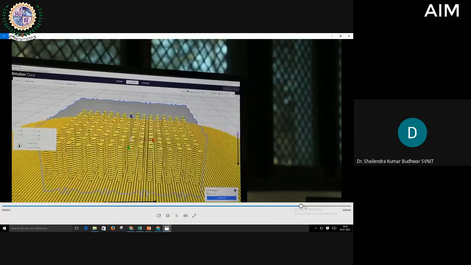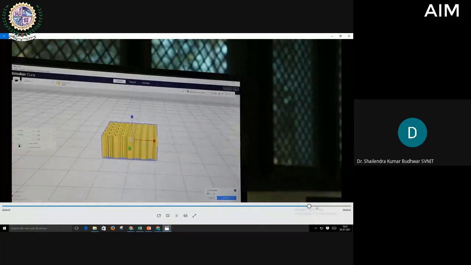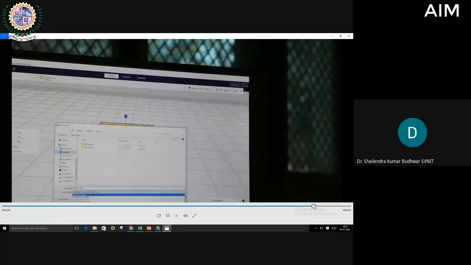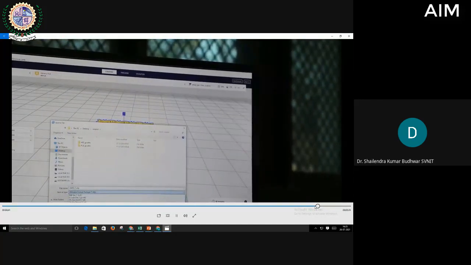And you should give output in G code. There are other options also, .3mf, G code, STL, UFP, or OBJ. So make sure you select here G code and give output.